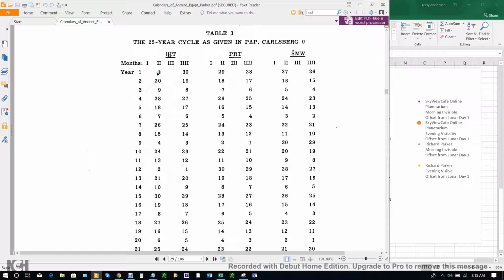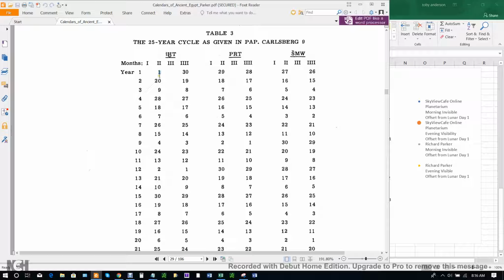Lunar day 1 falls on month 2 of the first period, day 1. That's when the lunar day occurs, in the start of the cycle.